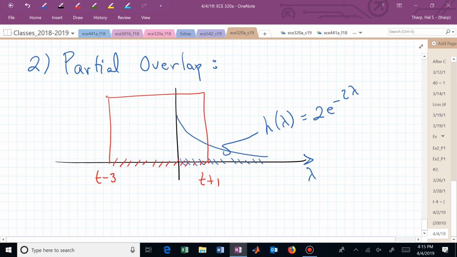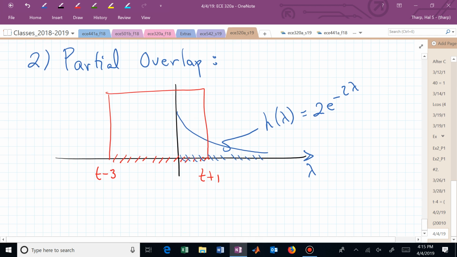When does this overlap pattern occur? That's the first thing we might want to think about. This overlap pattern of partial overlap occurs, and now you're simply looking at these sides of x of t minus lambda and trying to figure out under what condition I have t plus 1, that side, overlapping h of lambda, and this left side not.